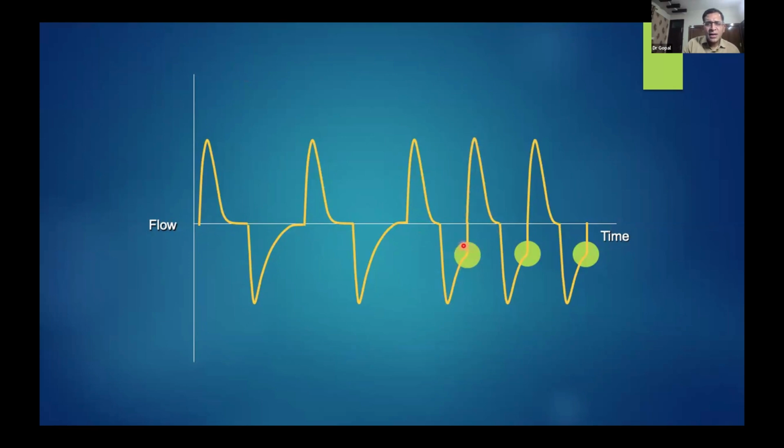If the inspiration starts below the baseline and the expiration doesn't touch the baseline, that means there is gas or air trapping. You can see other forms in other loops also, but the flow time curve is the best loop to see air trapping. So if the expiration is not ending and not touching the baseline, and inspiration starts below the baseline, that means there is gas trapping.